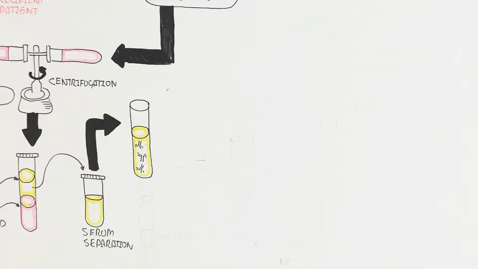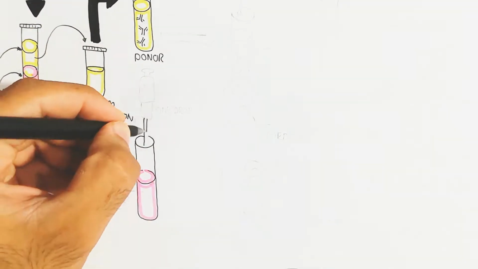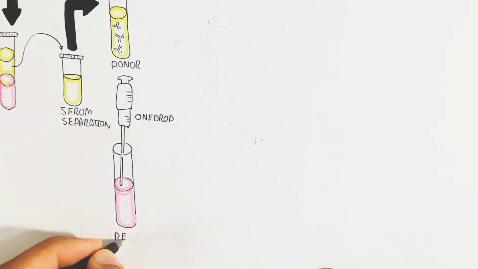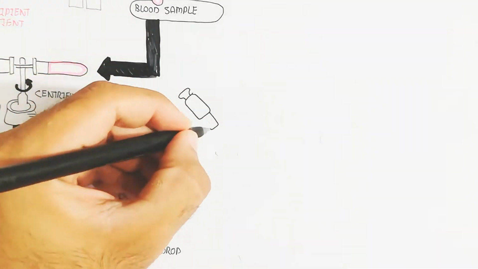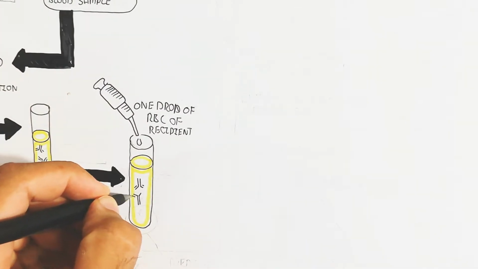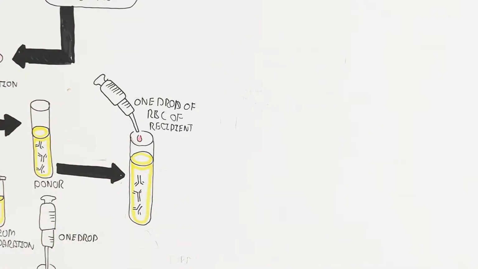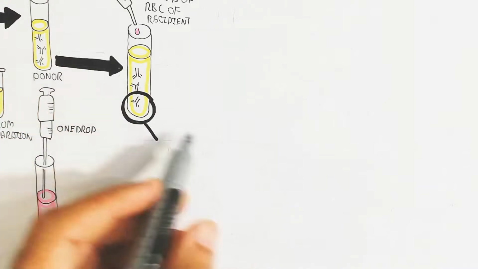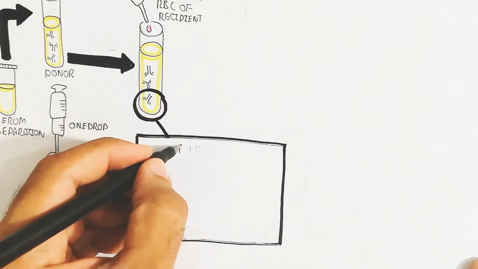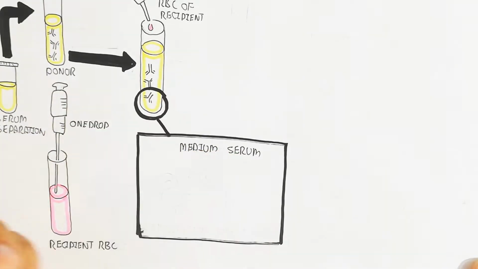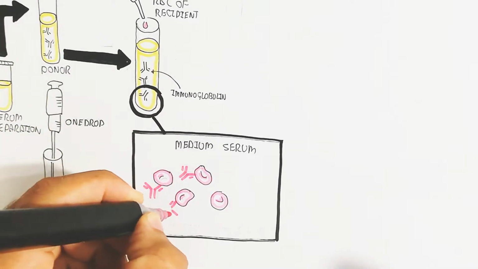This is the sample of the donor, and we are analyzing the donor sample containing immunoglobulin. We take one drop of the recipient's RBC with a dropper and put it into the donor serum, which contains immunoglobulin.